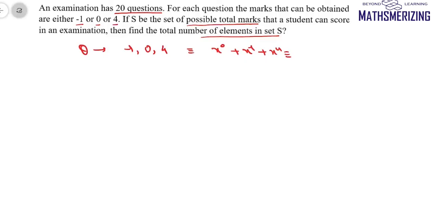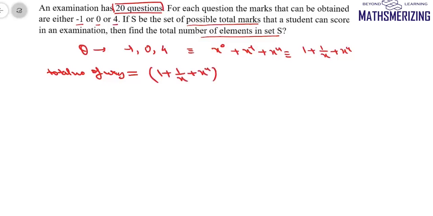For each question there are 3 possibilities, 1 plus 1 upon x plus x to the power 4. So the total number of ways of scoring will be 1 plus 1 upon x plus x to the power 4, whole to the power 20. Now in order to find all possible total marks that a student can score, we need to find the number of distinct terms in this expansion.